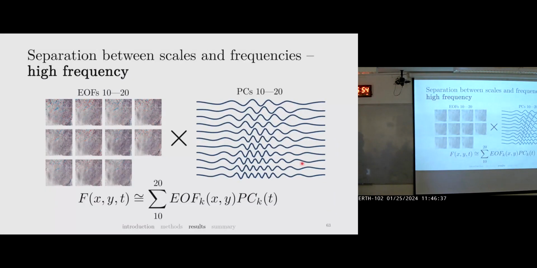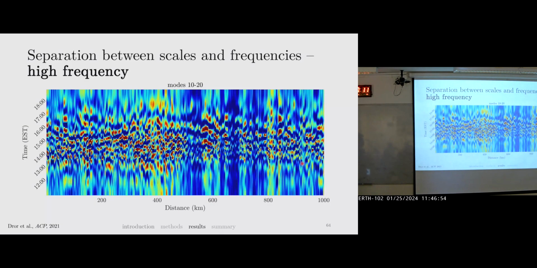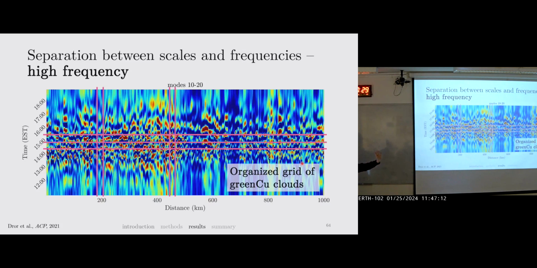Getting to the final high-frequency modes, modes 10 to 20, these oscillate at a very high frequency, which is also constrained in time to when the green Q are appearing in the field. And when we plot the corresponding Hovmöller, we see exactly the clouds. So this is not noise. These are the green Q clouds. They are forming and dissipating along the cloud streets, but they are also forming and dissipating in a synchronized way on the horizontal axis.